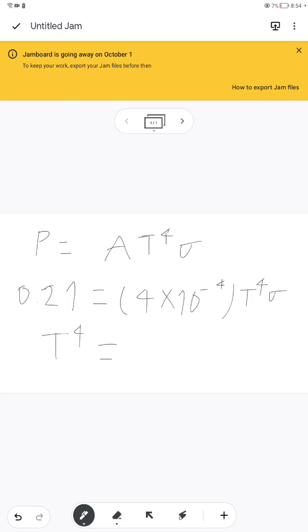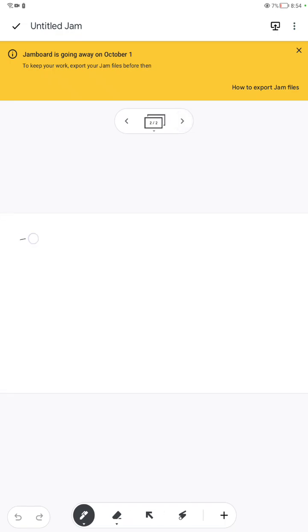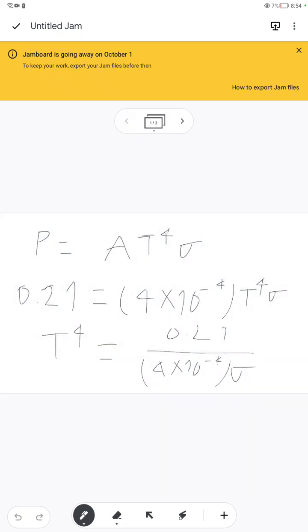So T to the power 4 will be 0.21 divided by 4 times 10 to the power minus 4, and then sigma. You can use a calculator for this. So I'm going to use the calculator and get this result: 0.21 divided by 4 times 10 to the power minus 4 times sigma.